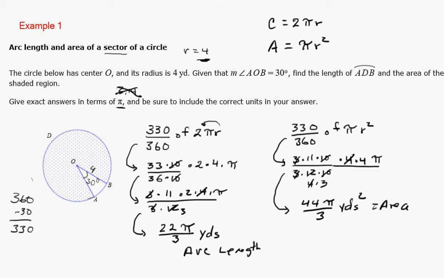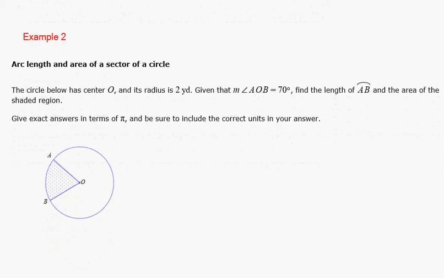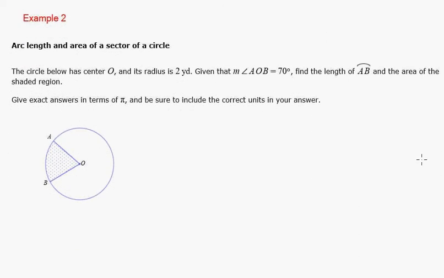Maybe that's all you need, but if you want more, let me show you one more. This time, we're told that the radius is 2, and that AOB is 70 degrees. And that's the shaded region this time.